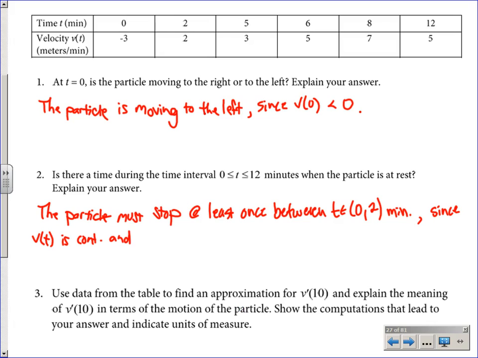The function must be continuous. Since velocity is continuous and changes sign on that interval, the particle must stop at least once between t equals 0 to 2 minutes or somewhere within the first 2 minutes.